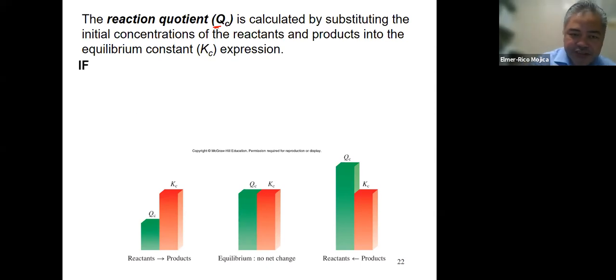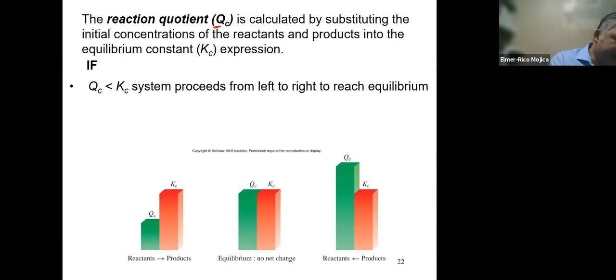So in the first instance, if the Qc is less than the Kc, you want the system to go to the forward reaction. You want the system to go to the formation of products. So if Qc is less than Kc, for the equilibrium to be reached, you want it to go from left to right, shown here.